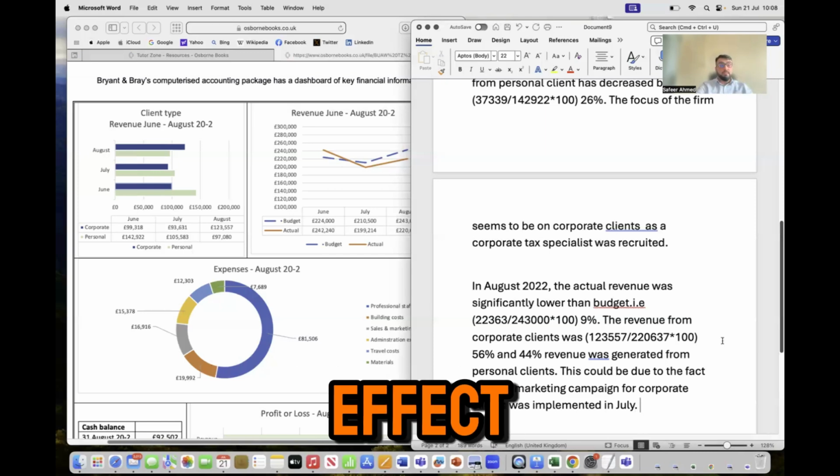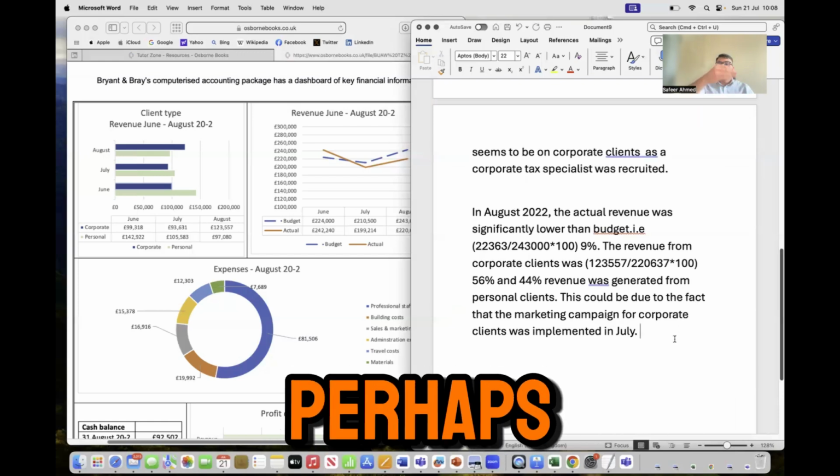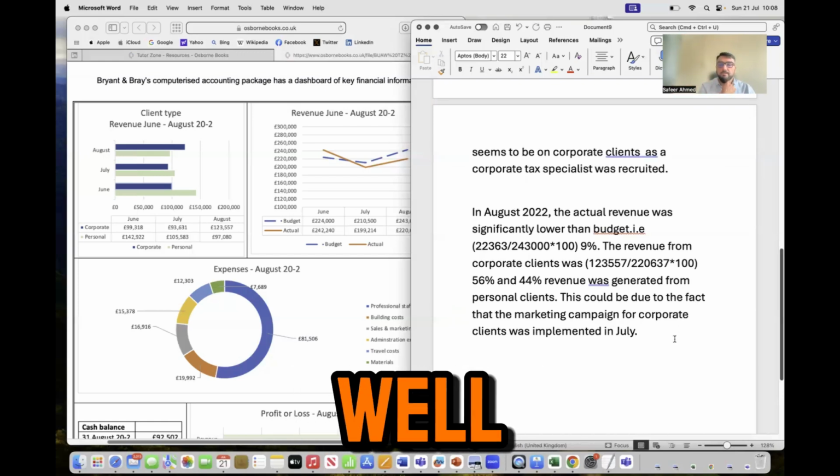So of course, the effect of that is going to be in the month of August and perhaps going forward as well.